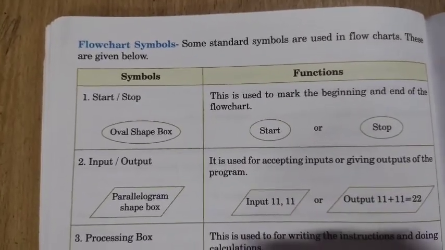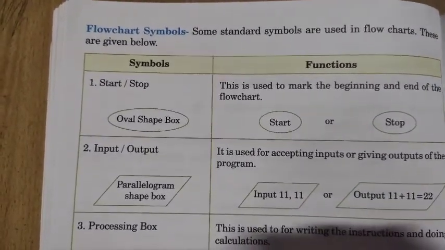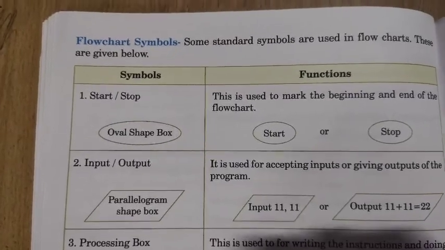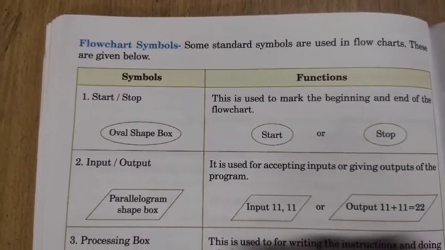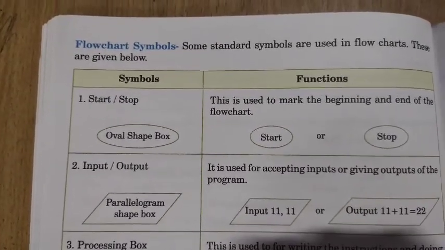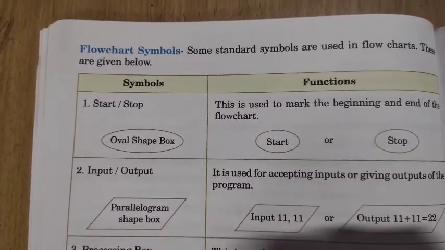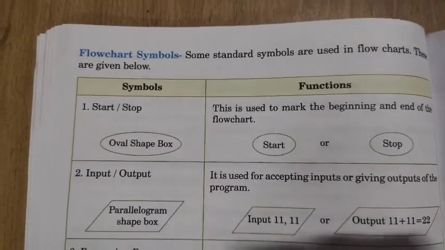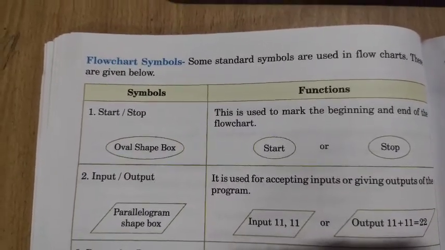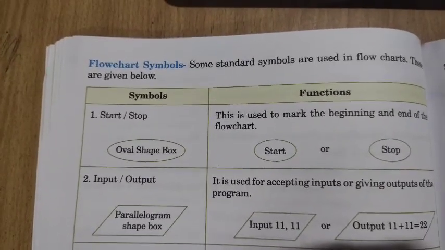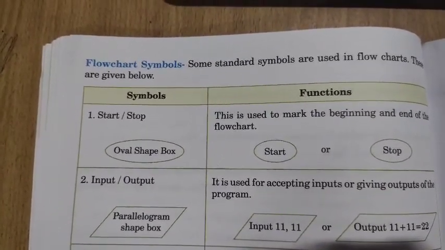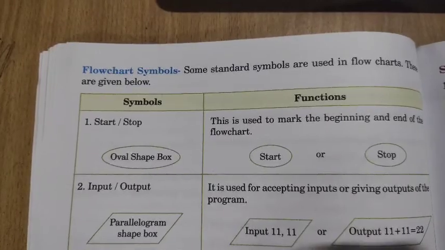For the start button and the stop button, there is an oval shape. That means the first step and the last step are both oval shapes. Please keep that in mind.